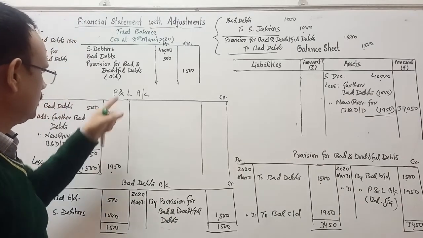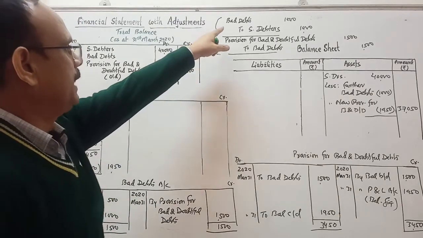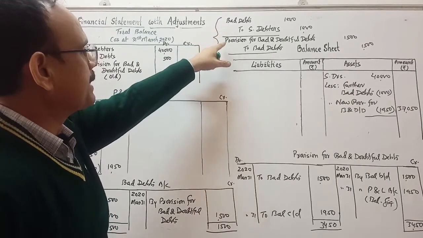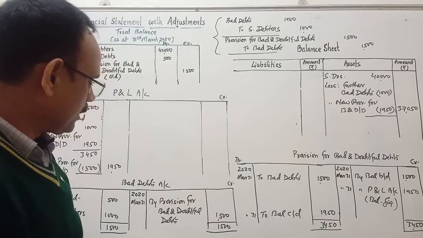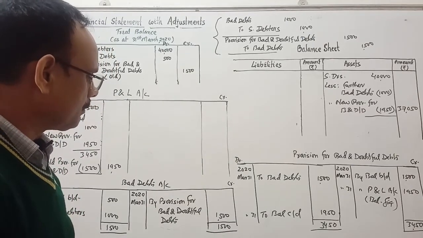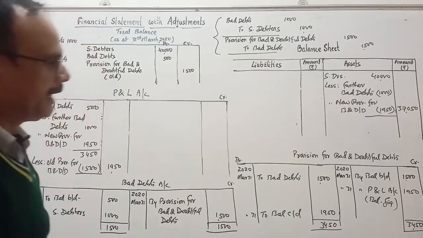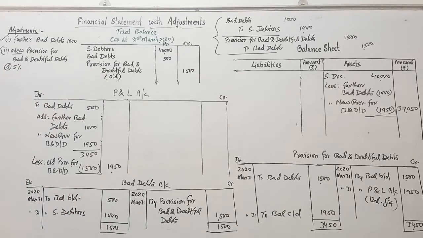This one directly. So the adjustment entry is bad debts to sundry debtors, provision for bad and doubtful debts to bad debts account, and this one is profit and loss account debit to provision for bad and doubtful debts. Is it clear?